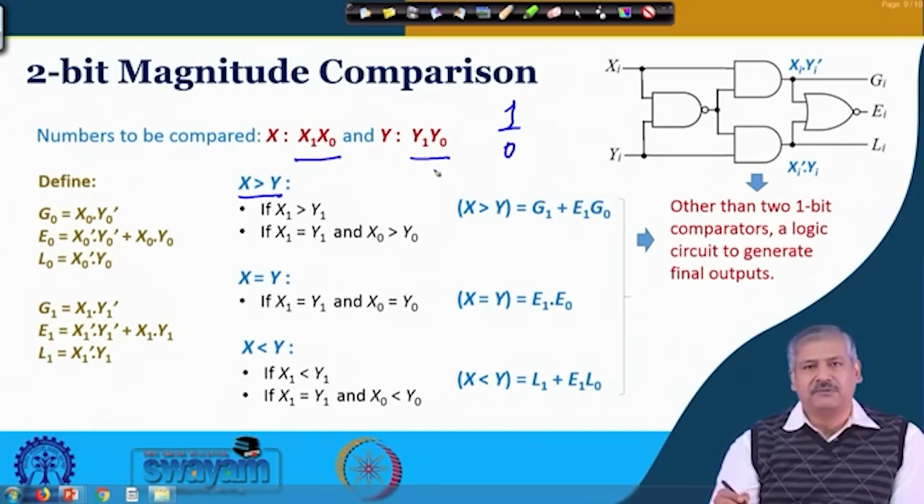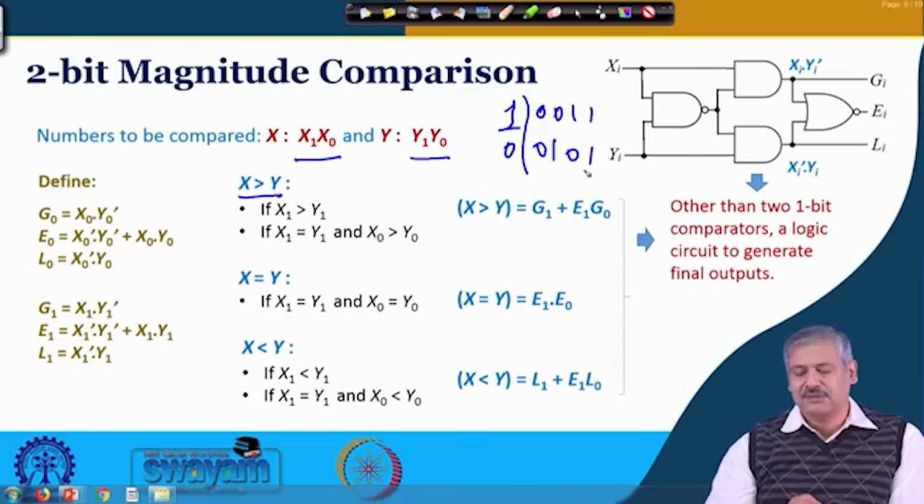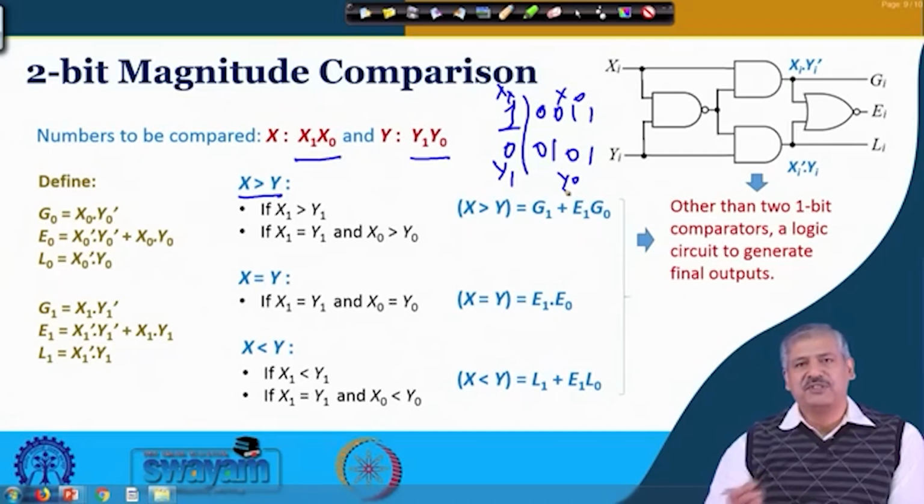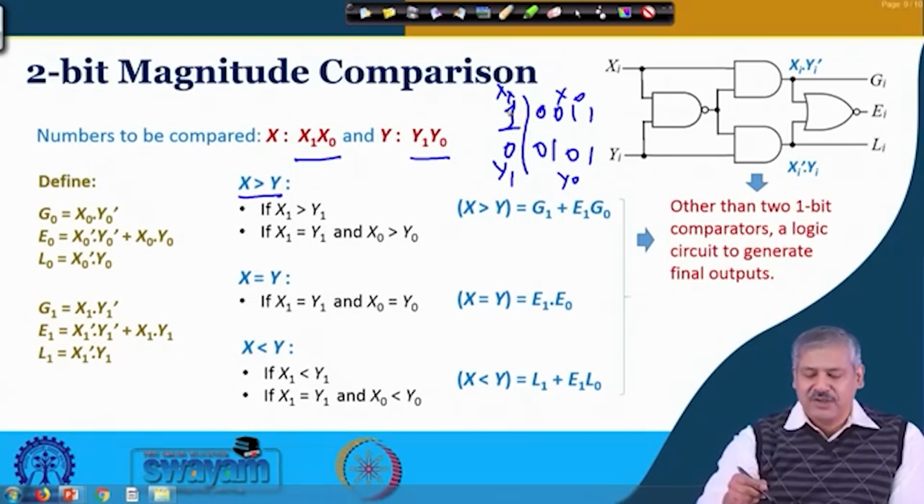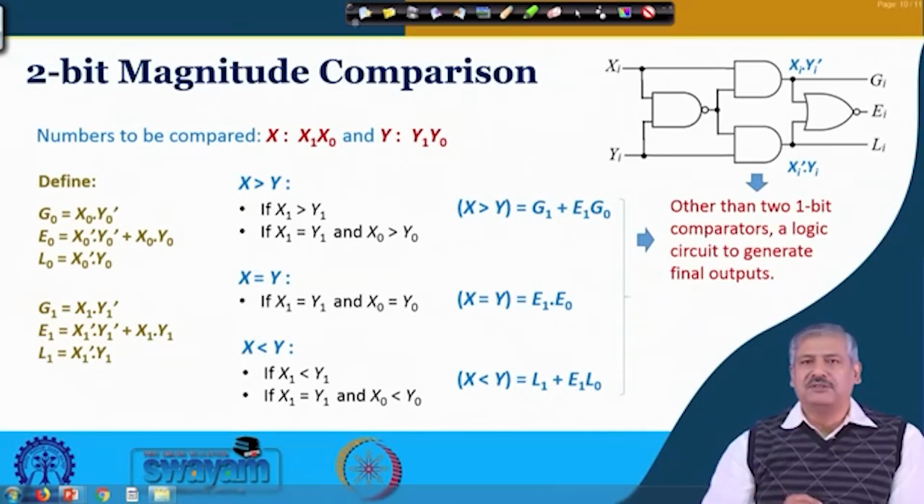Then irrespective of the rest of the bits 0 0, 0 1, 1 0, 1 1, all the time you are having x greater than y for all these cases. So, this is your x1 and this is your x0 and y0, and this is your y1 and this is your y0, because the more significant bit is larger than this.